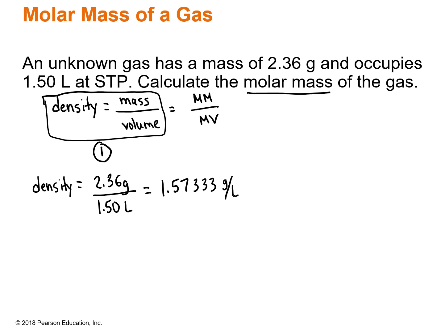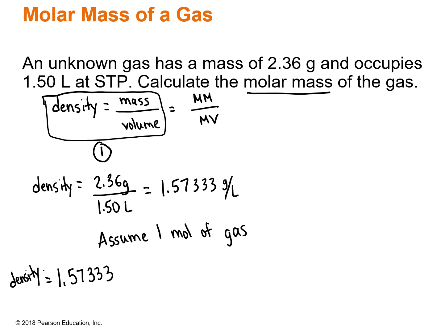Well, we know another definition of density, which includes molar mass and molar volume. If we assume that we have 1 mole of gas, then we can use the molar mass over molar volume equation.